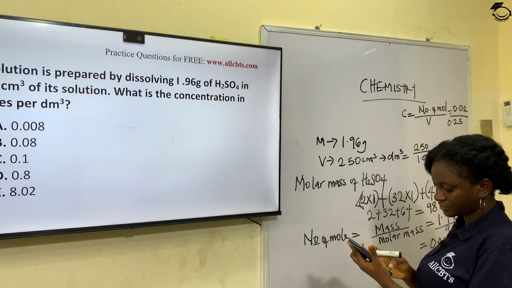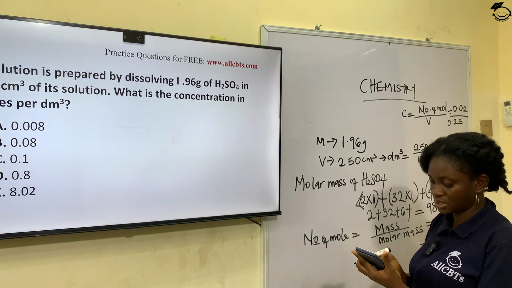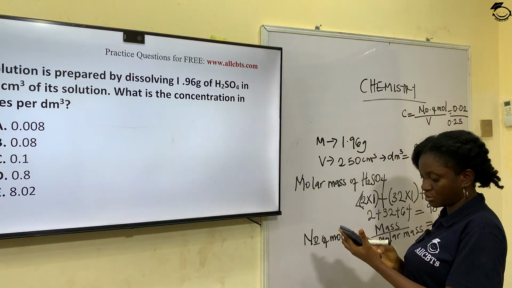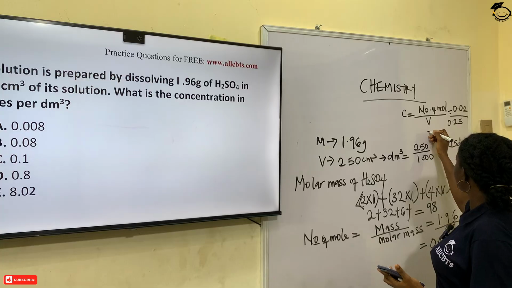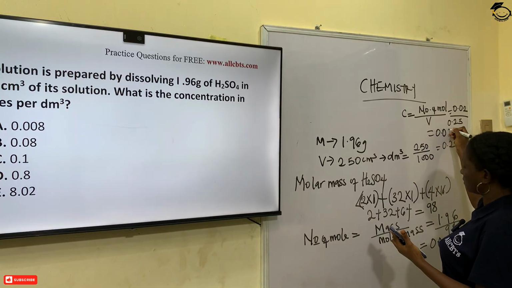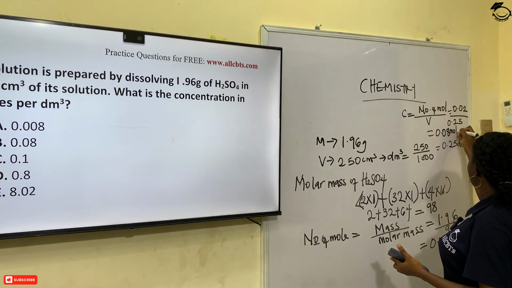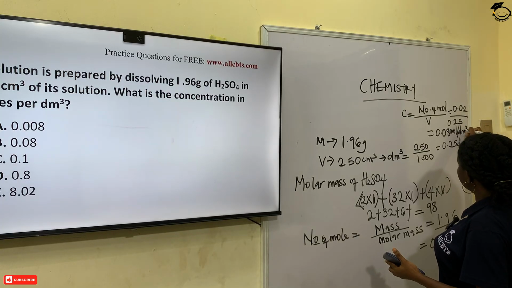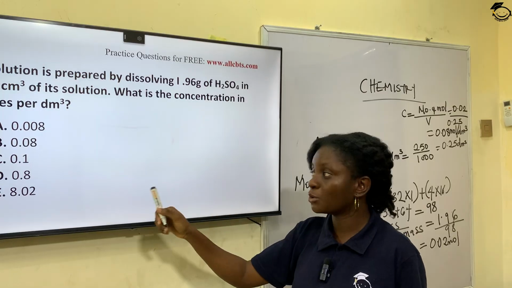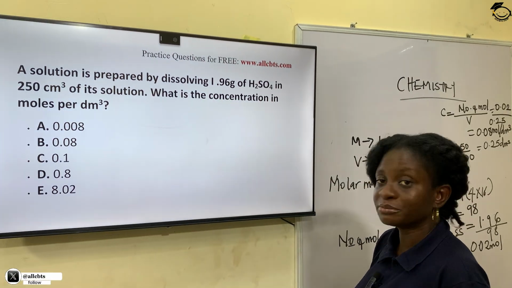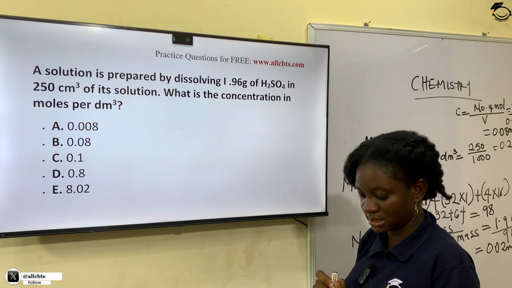So 0.02 divided by 0.25 will give us 0.08 mole per dm cube. So this is the value for the concentration, 0.08. Option B is the correct answer.